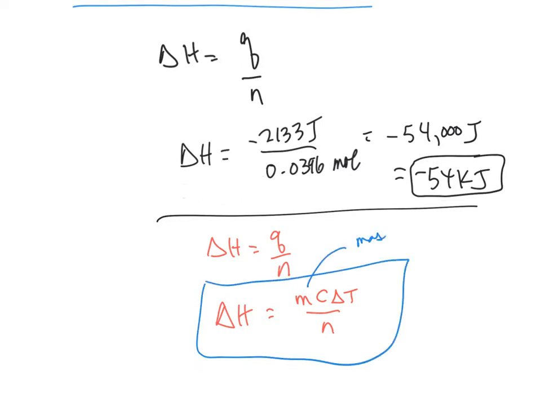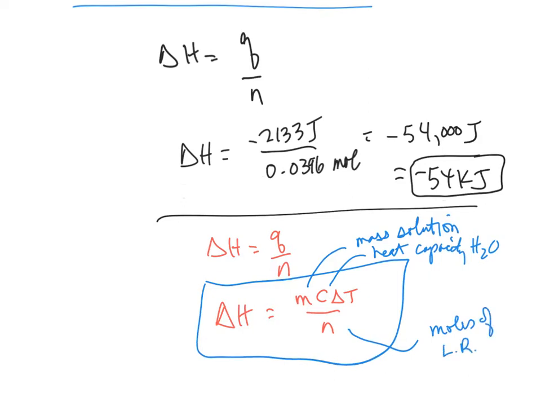M is the mass of the solution, 75 milliliters, right? 75 grams. This is the heat capacity of water, as long as it's dilute and it says that you can use water. Delta T is the temperature change for the reaction, and this is going to be moles of the limiting reactant that we got from molarity times volume is moles.